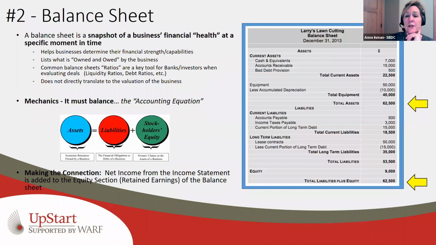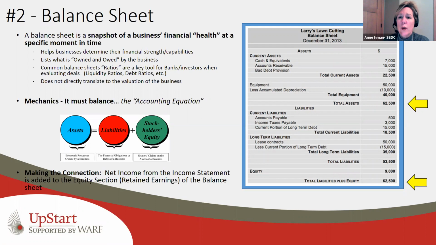Okay, we're moving on to number 2, the balance sheet. So, as I mentioned previously, the balance sheet is a snapshot of the financial health at a specific moment in time. And typically we look at the balance sheet at the end of the year, okay? So what's great about the balance sheet? It helps the business determine its financial strengths and weaknesses and capabilities. And also it helps us communicate our business's financial health relative to the industry or relative to some norms.